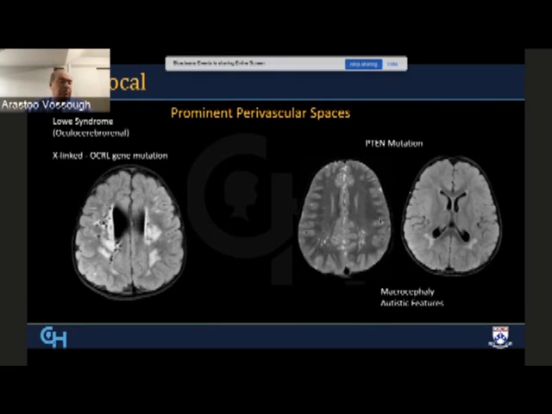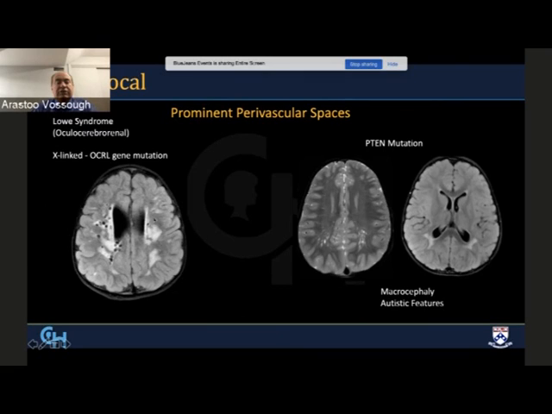How about multifocal patterns? These are two examples that have small cystic areas with maybe some prominent perivascular spaces. The one on the left is Lowe syndrome, or oculocerebrorenal disease, a mutation.